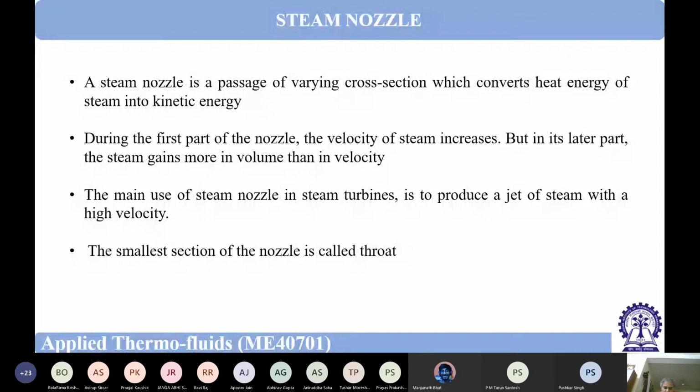So we use some sort of stationary device called a nozzle. Now, if we are satisfied with velocity increase up to the sonic velocity, then we can use a convergent nozzle. And if we are not satisfied, and want to go for even higher, supersonic velocity, then we have to use a convergent divergent nozzle.